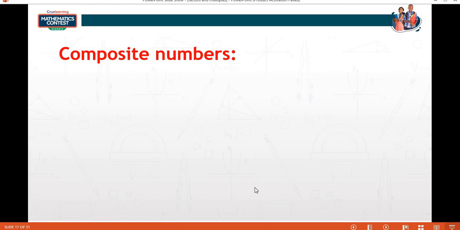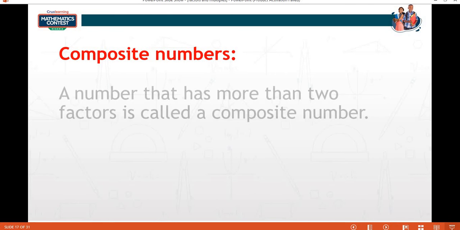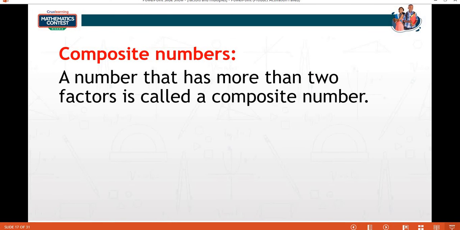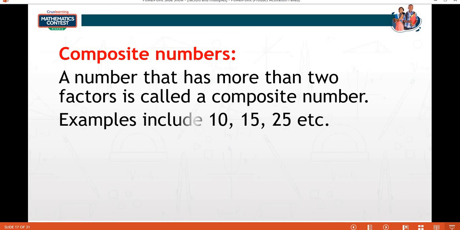Next we have composite numbers. A number that has more than 2 factors is referred to as a composite number. Unlike the prime numbers, any number with more than 2 factors is called a composite number.